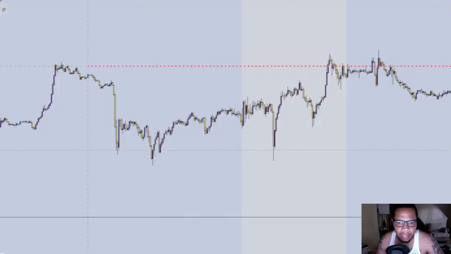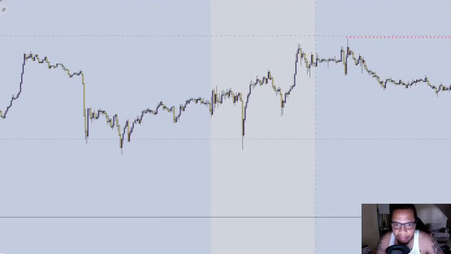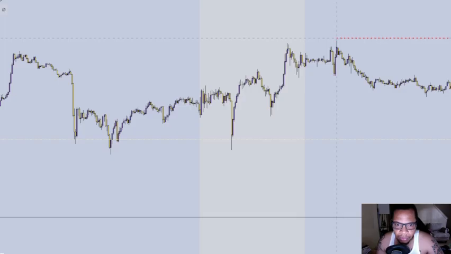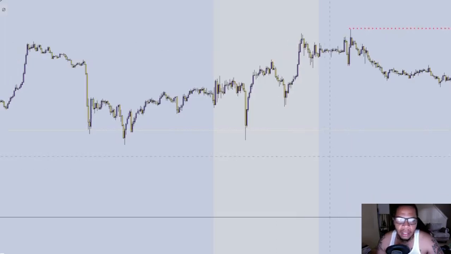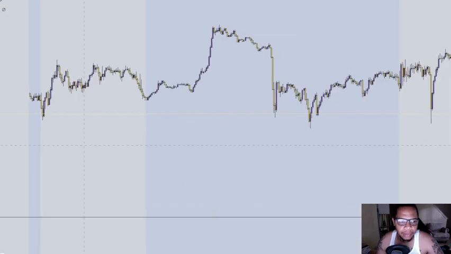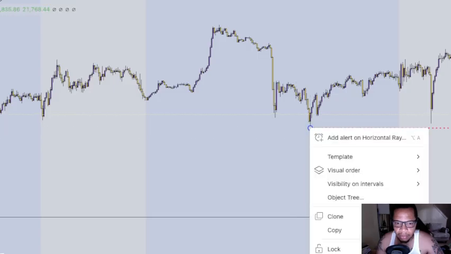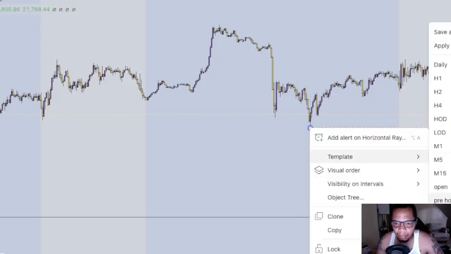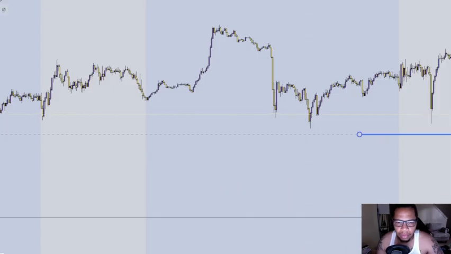Right now it looks like this is my previous high of day on a 5-minute time frame, on Tuesday, and it looks like this right here would be my previous low. So I go here, previous low.